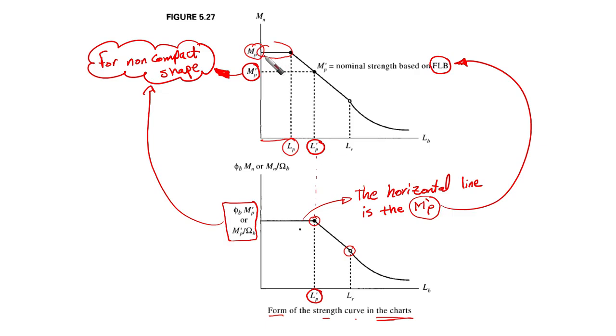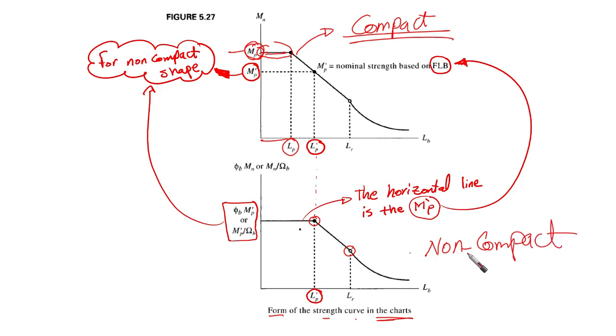So if the shape is compact, then the horizontal line represents MP. But if the shape is non-compact, as in this case where we are dealing with non-compact, the horizontal line is going to give us the flange local buckling strength for this shape.